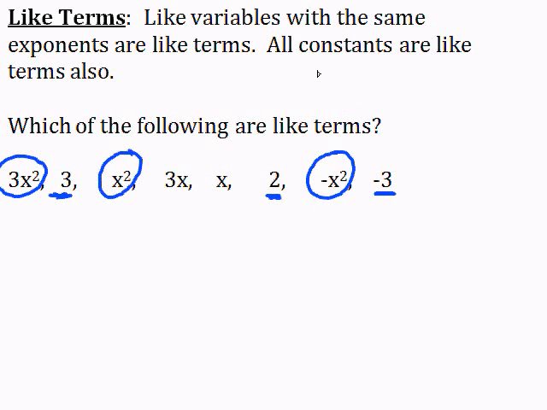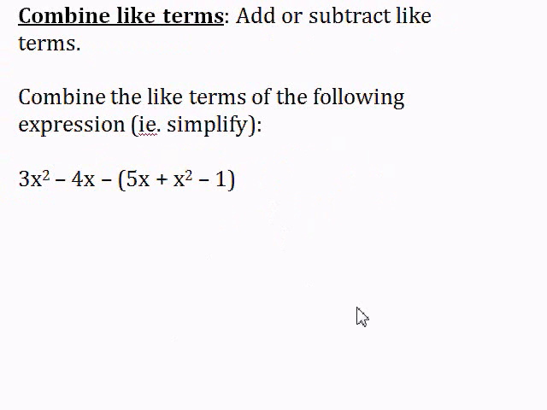A constant is a number without a variable. Let's take a look at our last two, 3x and x. They are also like terms because they are the same variable, x, and they have the same exponent, an understood 1. So then combining like terms means that you just add or subtract your like terms.